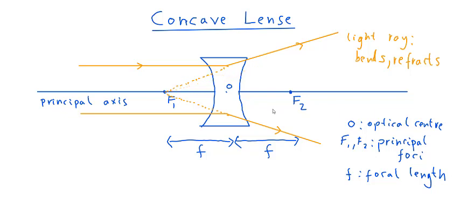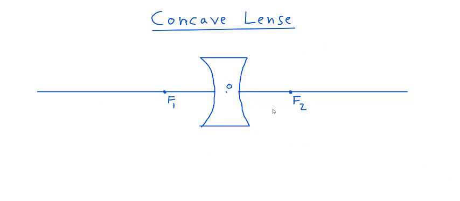So let's discuss now what happens to a light ray that is directed towards the center of the lens, the optical center. And actually this is really straightforward, because such a light ray just passes straight through.